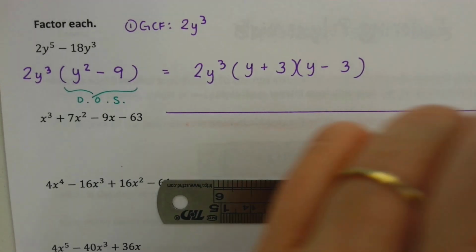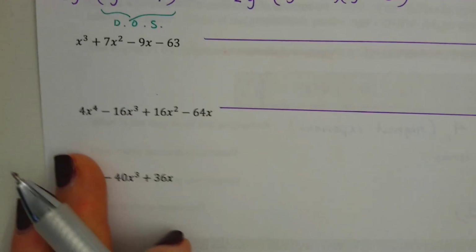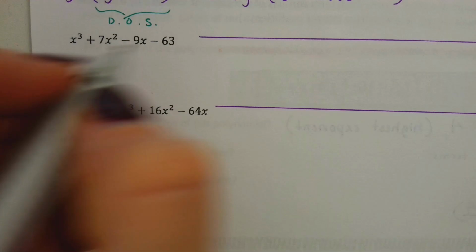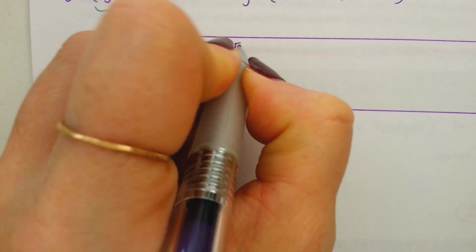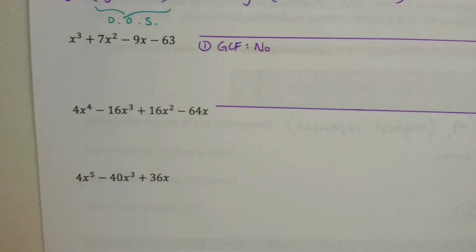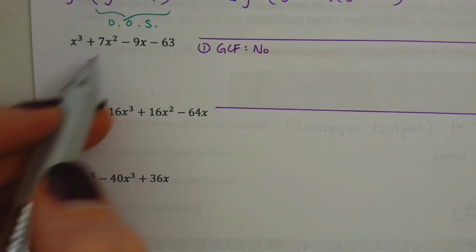All right, splitting it up for the next one. Okay, checking for a big GCF. Is there one that I can divide out of all 4 terms? Nope. Okay. Straight from the front, what did we do when there were 4 terms? We grouped them.